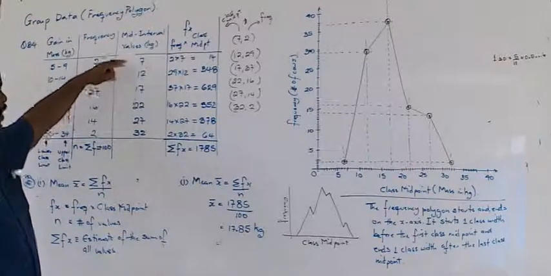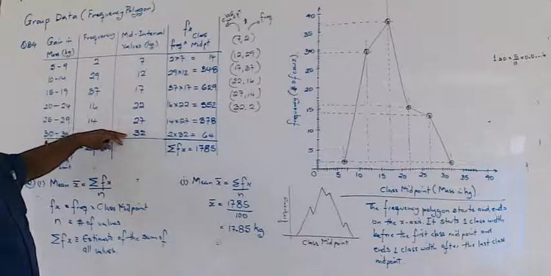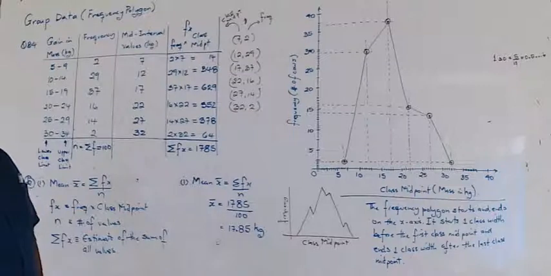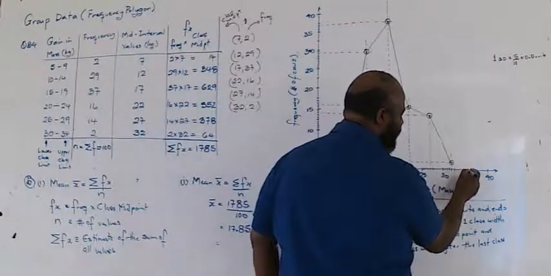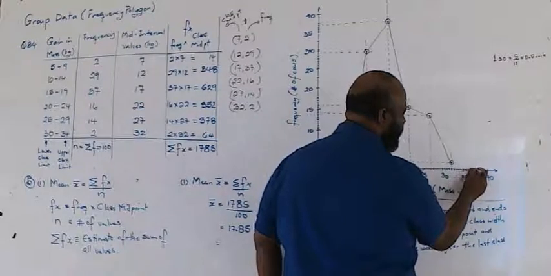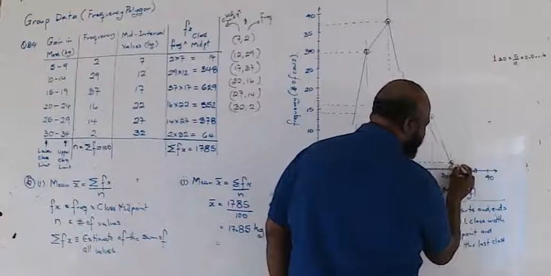How much is the midpoint going up by? 5. If it's going up by 5, which one will come after 32? It ends at 37. So let's find 37: 35, 35.5, 36, 36.5, 37. It ends at 37, connected with a straight line.